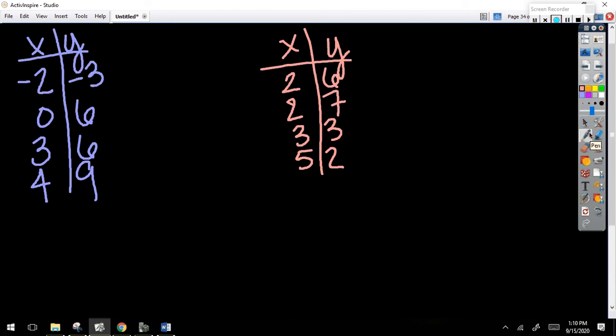Every x can only have 1 y. How many y's does 0 have? How many y's does 3 have? It's still a function. Every x can only have 1 y. But this is a T-chart. Every x can only have 1 y.